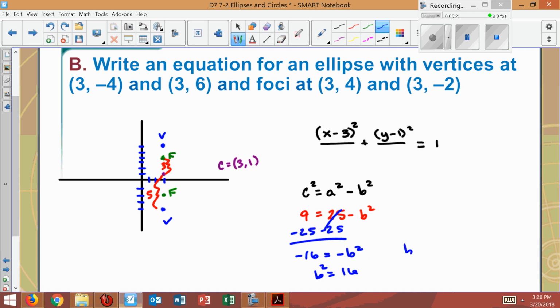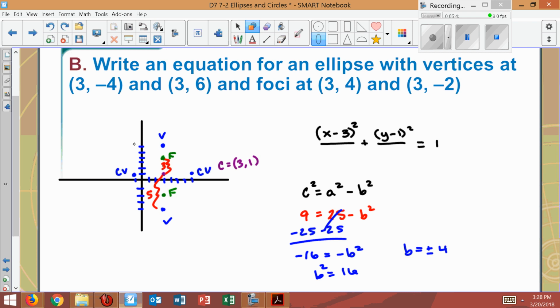Now you could say that b is equal to plus or minus 4. If you wanted to graph this, we would go left 4 units and have a co-vertex, and right 4 units and have the other co-vertex, and you could draw the graph if you needed to.